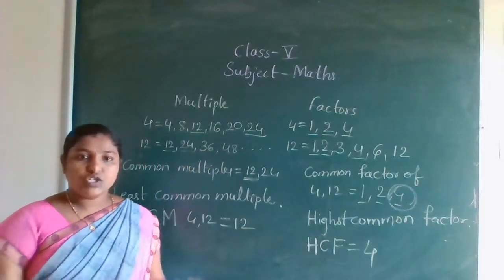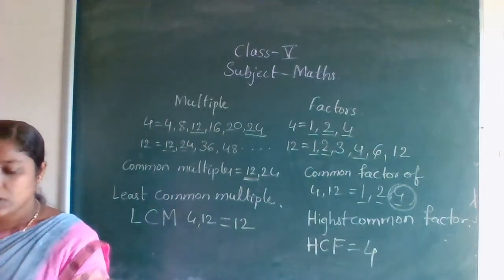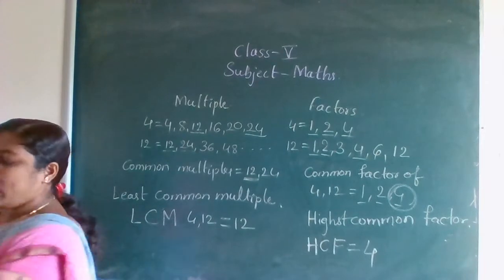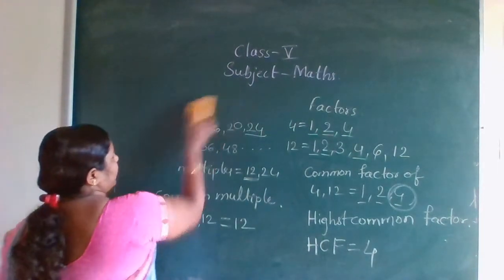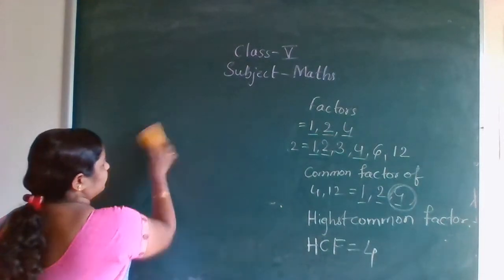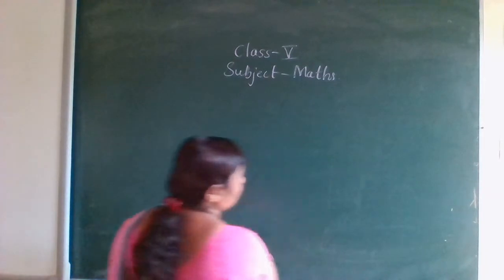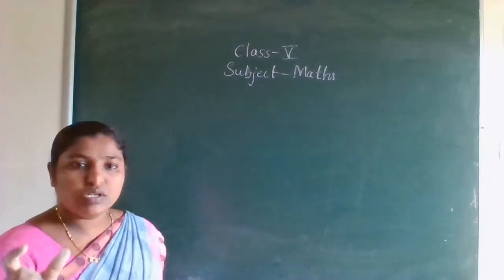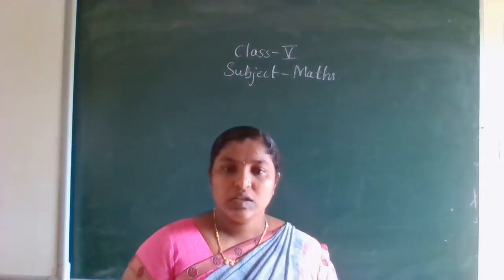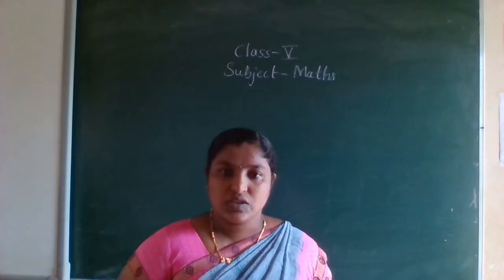I hope you understood, and I will tell you an easy method to identify the LCM and HCF. I told you about prime numbers and prime factorization. What is prime factorization?